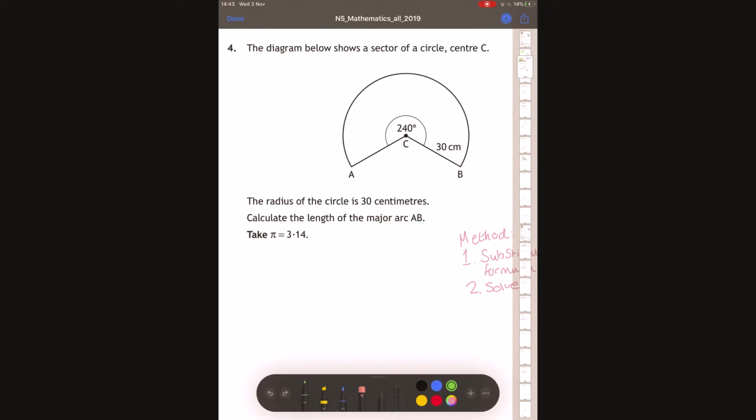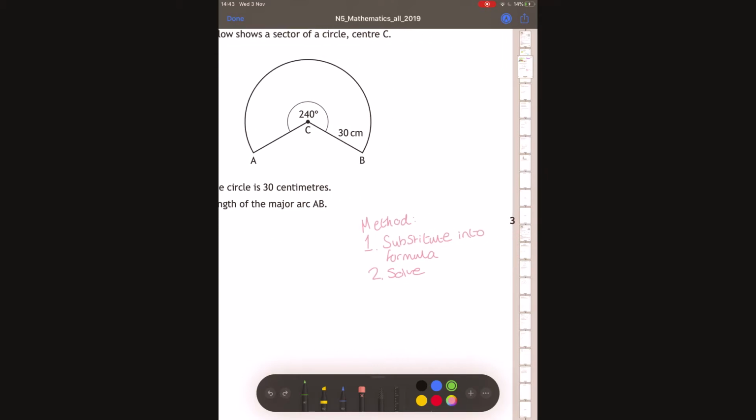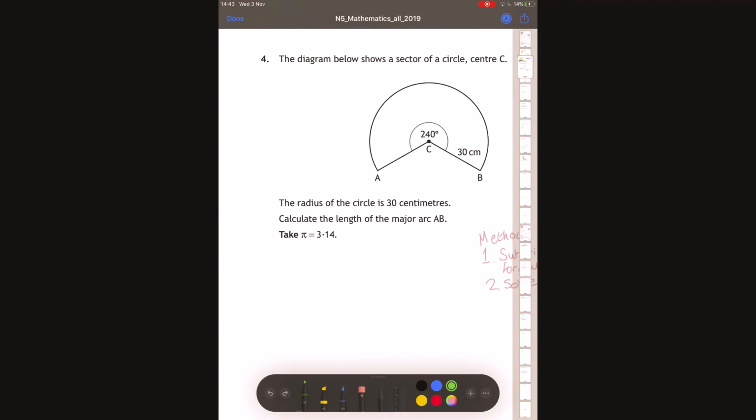So what is the formula? Our method for this is to substitute into the formula for arc length and then solve that. You need to remember this, guys, because it's not on the formula sheet. Arc length is equal to angle over 360 times pi d.